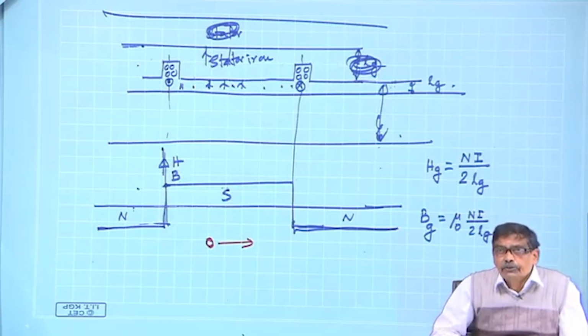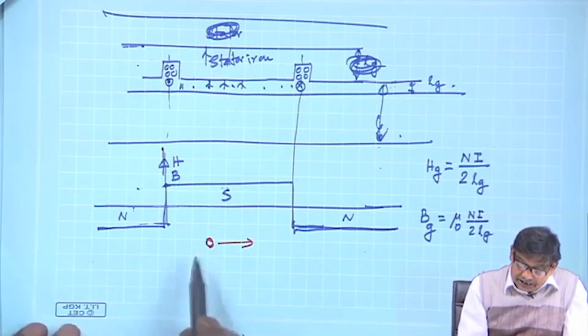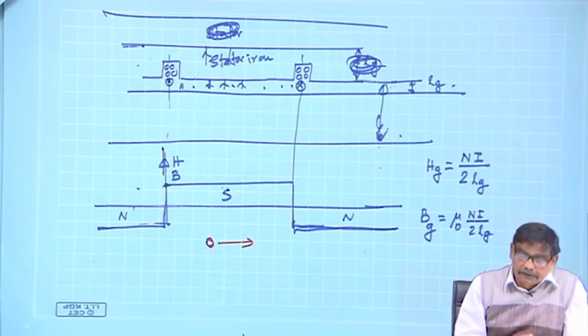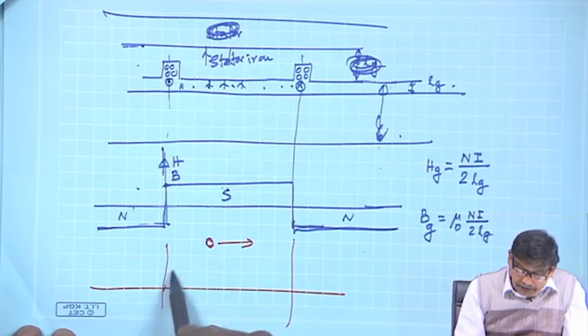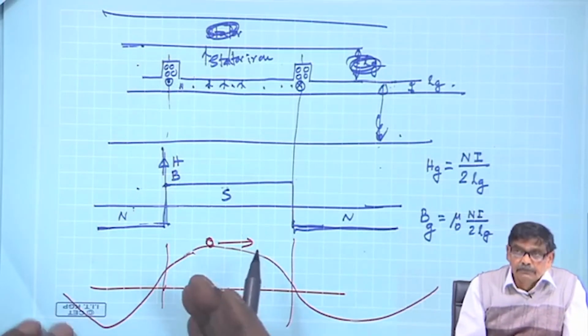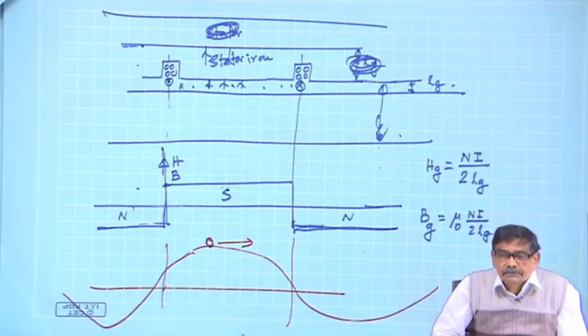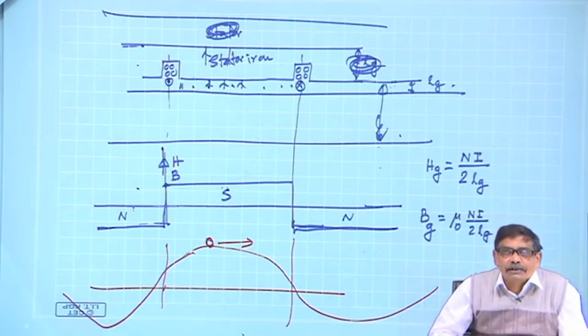The answer to this question I can give, you also can give. You will say that to generate sinusoidal AC voltage in this conductor, your B distribution must be sinusoidal, then only BLV, LV constant. If B is sinusoidally distributed, then you will be ensured of a sinusoidal induced voltage.